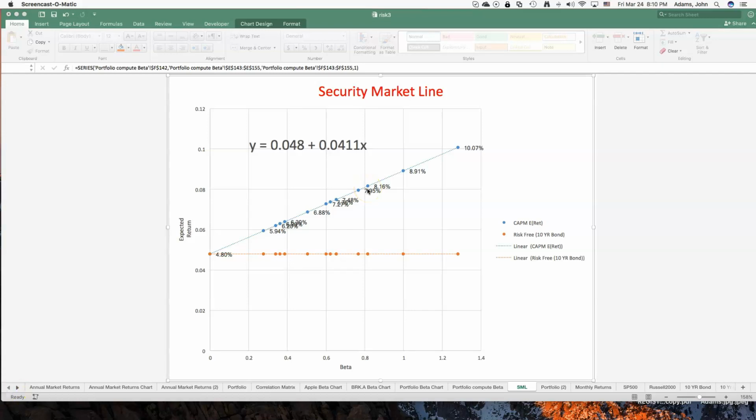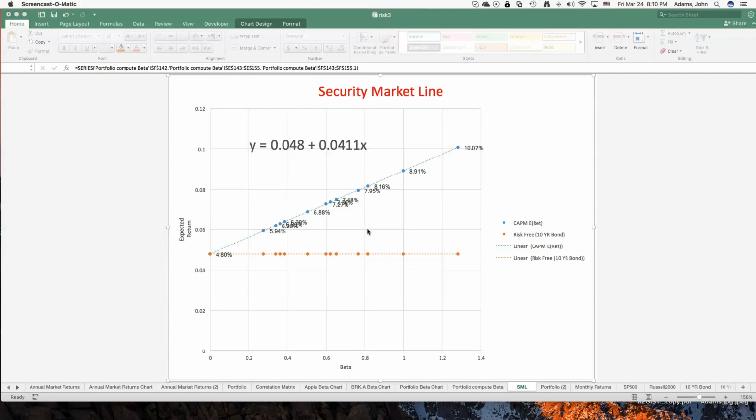And the reason for this, imagine if you will, we had an asset where you do your analysis, you've looked at their product lines, their marketing, and whatever data you want to look at, and you come up with an expected return on this stock somewhere in this neighborhood right here, which is below what the security market line says investors should require. Well, would you want to buy that stock that is only offering a 6% return when based on its risk it should be getting close to an 8% return?